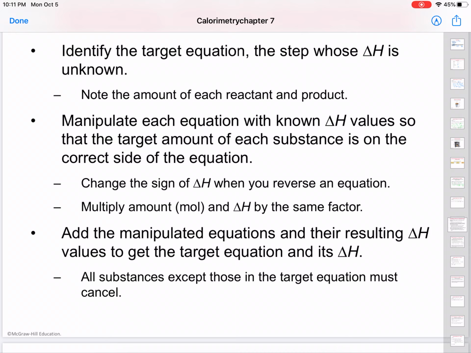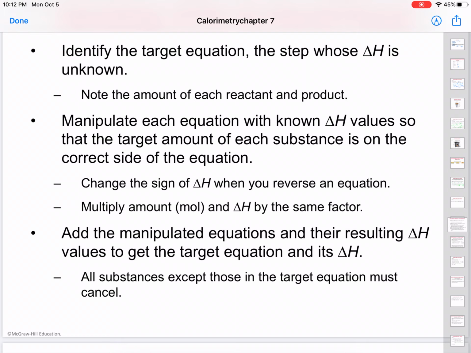Change the sign of delta H when you reverse an equation. Let's say you are given a forward reaction, but when you add it up to get the target equation, you need to reverse the reaction. It's perfectly fine for you to reverse the reaction, but the value of the delta H changes if you do reverse a reaction. If the forward reaction is positive delta H, if you reverse it, it would become negative delta H. And then multiply amount, meaning number of moles, and delta H by the same factor.